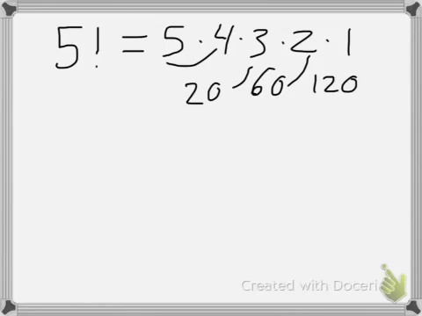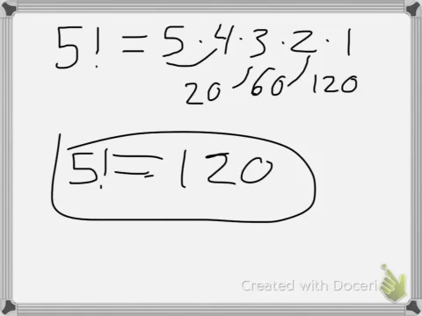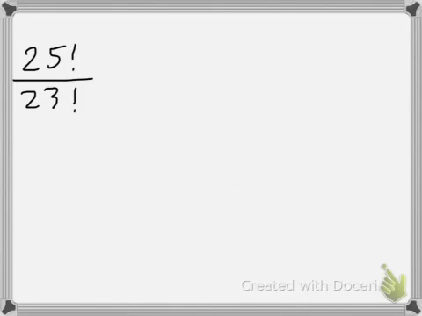Sometimes to make your life easier, you can also use the factorial button on the calculator. So if you type the 5 button, and then go to the same place that the combinations and permutations were at, so math, press the over button 3 times, and then down to the exclamation point, and then press enter, you'll get that this is equal to 120. So that's what factorial is.